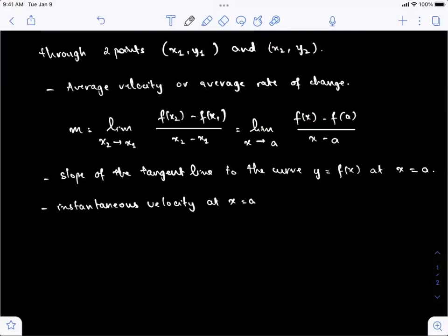Using this formula, we can find the slope of the tangent line or instantaneous velocity.